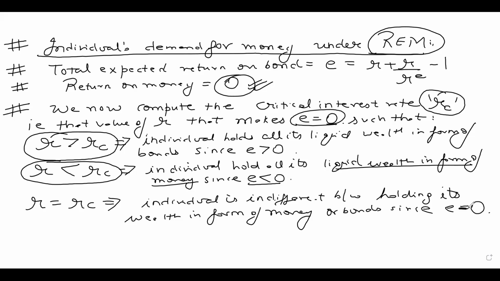So till now, we haven't derived the critical interest rate, but we are saying that there will exist some critical interest rate RC such that at the critical level of interest rate, E will be exactly equal to 0.